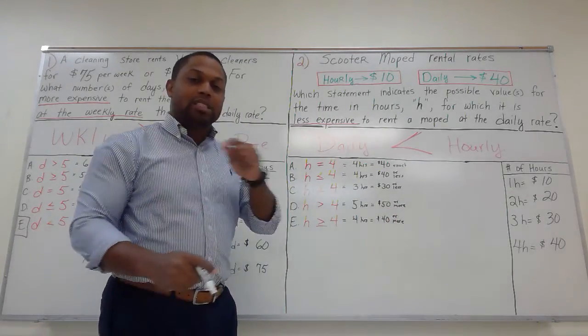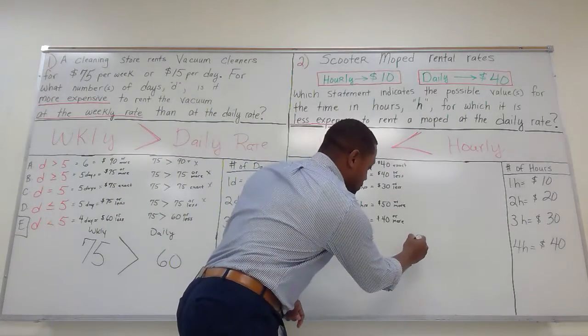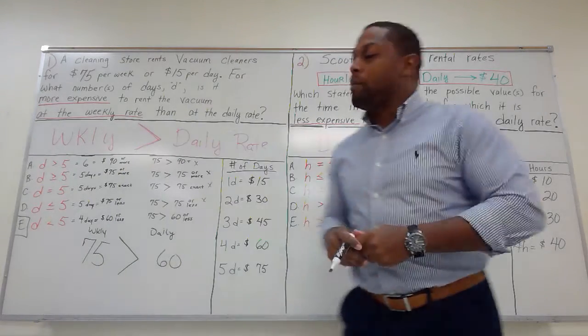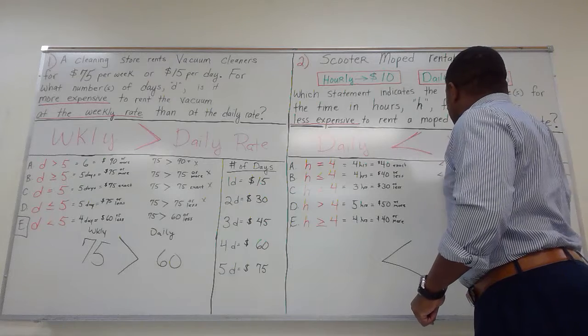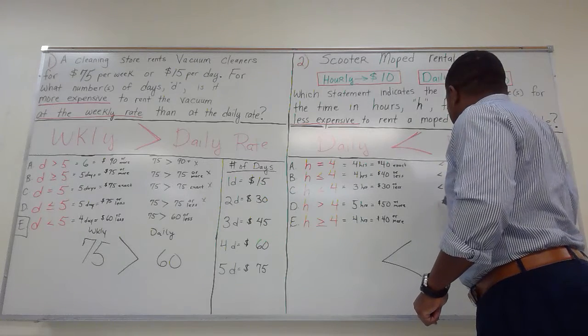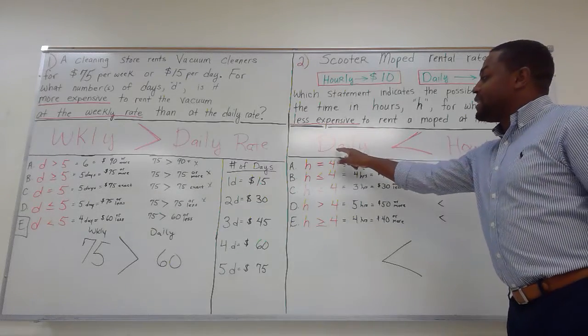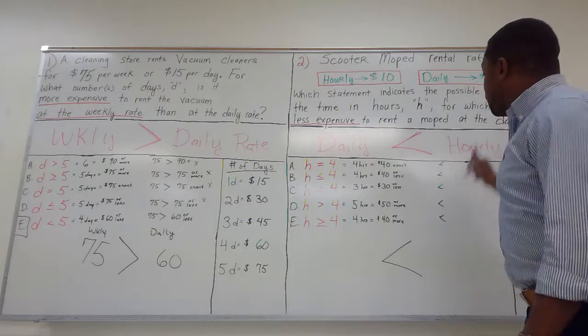All right, and just as I did previously, I'm going to take this inequality sign and put it right there. Also, I'm going to put it next to all of my options. Now, what I know for sure is that the daily rate is going to be on the left here, and that is $40.